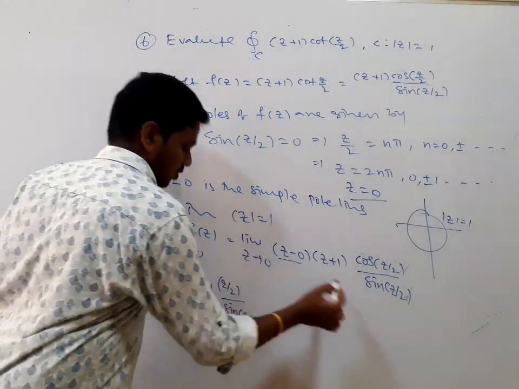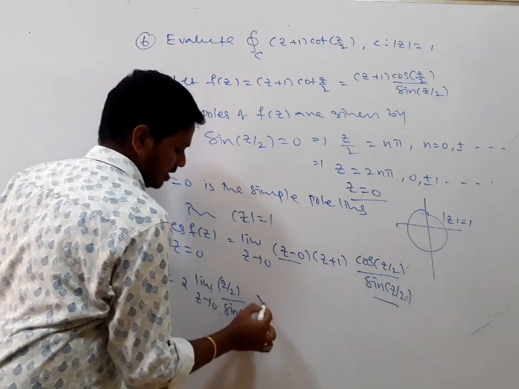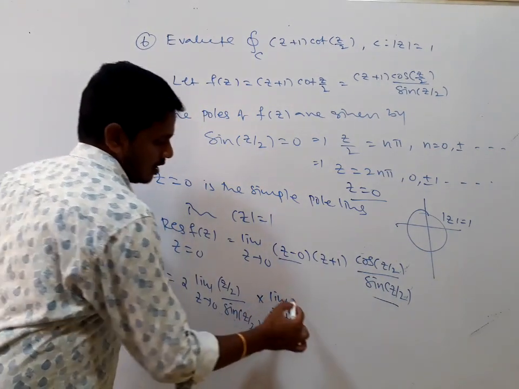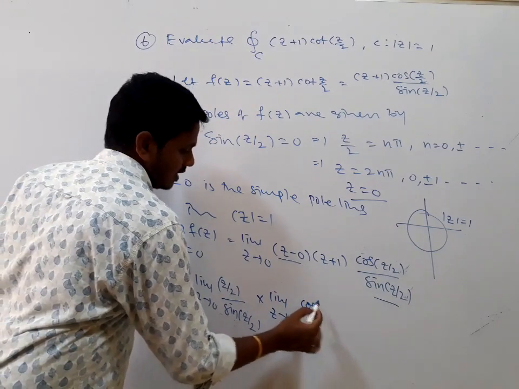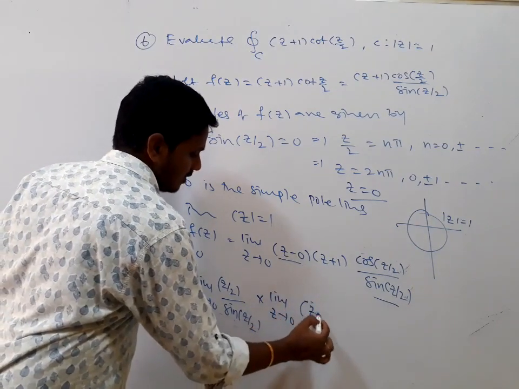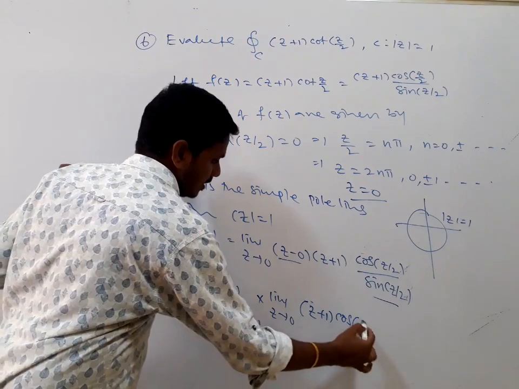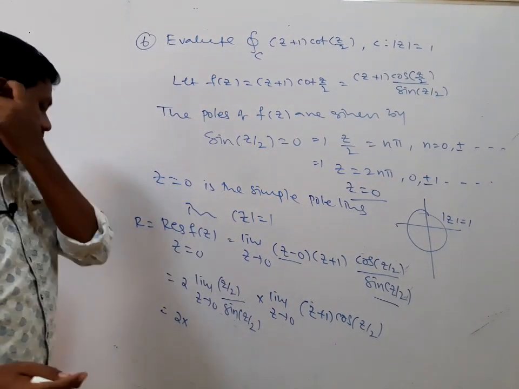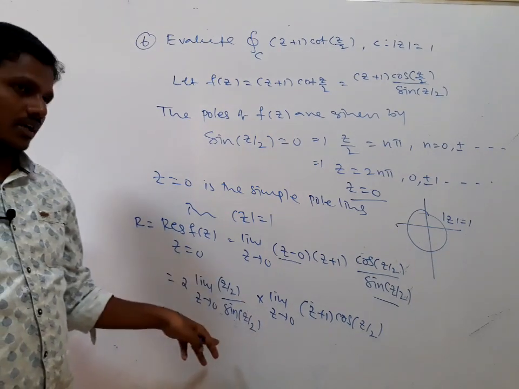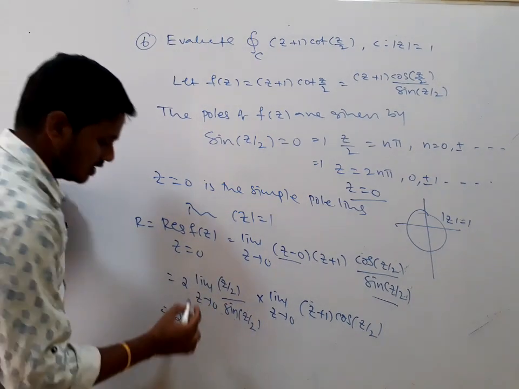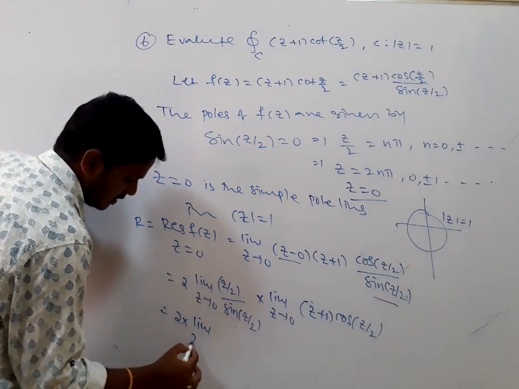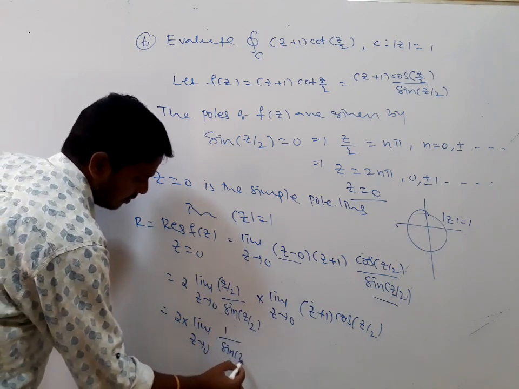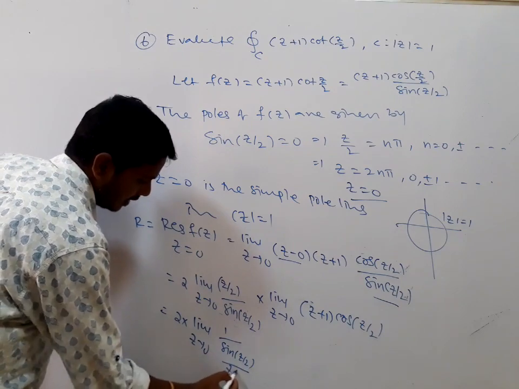The remaining two terms: limit z tends to 0 of z plus 1 into cos z by 2, into 2, and if you take z by 2 to the denominator, this can be written as limit z tends to 0 of 1 divided by sin z by 2 divided by z by 2.